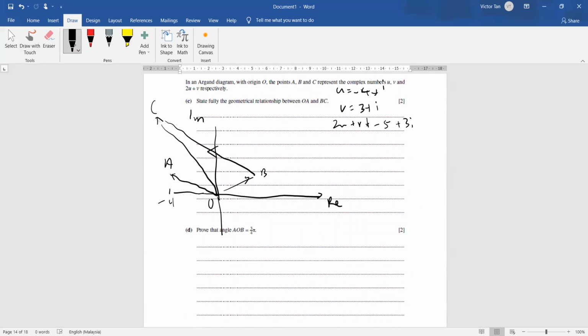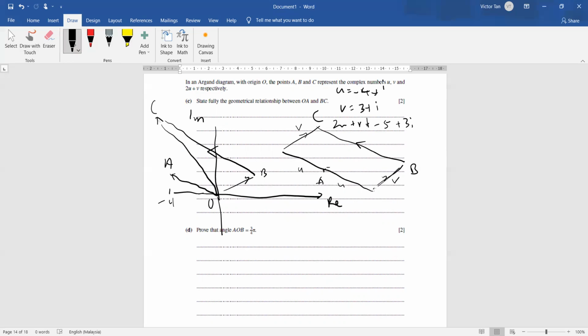Oh, okay. So if you draw, 2U will be 2 times U, like a vector. It's U and another U, and then V will be here. V will come back here. This is V. This is also V. So this is B. This is C. This is A. So state fully the geometrical relationship.